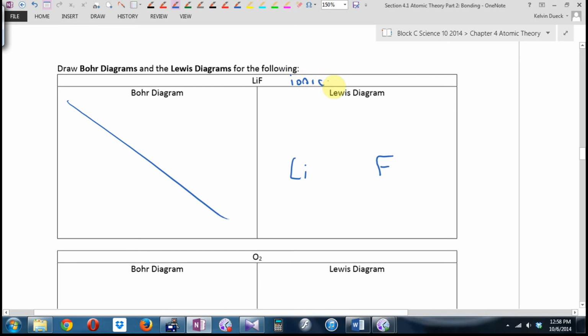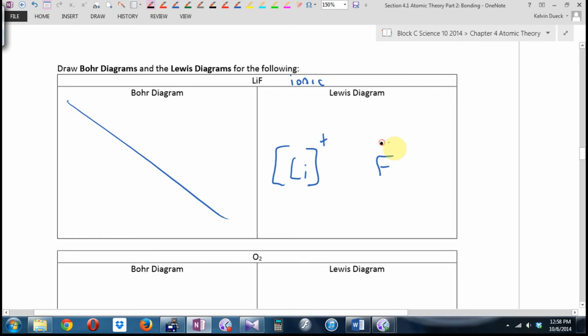Lithium, this is ionic, how many electrons will lithium have in its outer shell? How is it going to bond with fluoride? What's it going to do with that electron? It's going to lose it. So, boom, ion, plus.